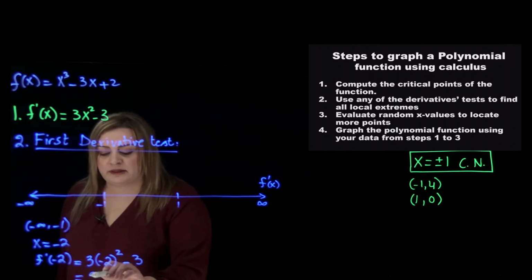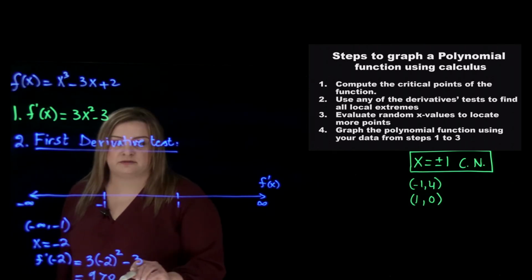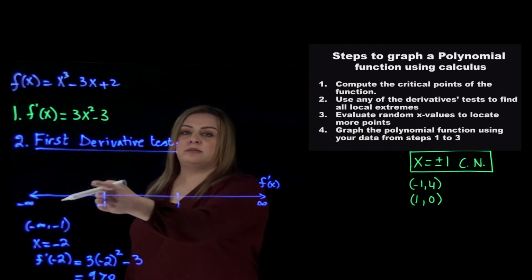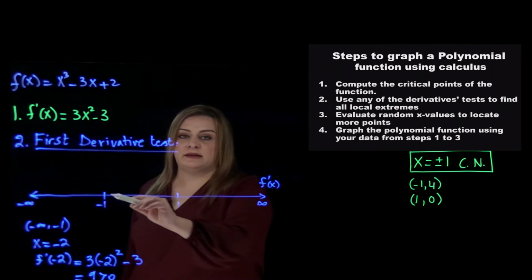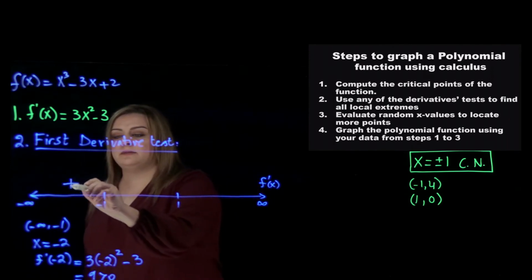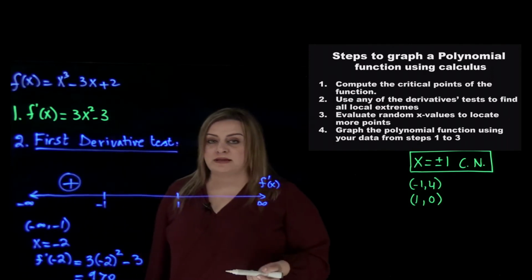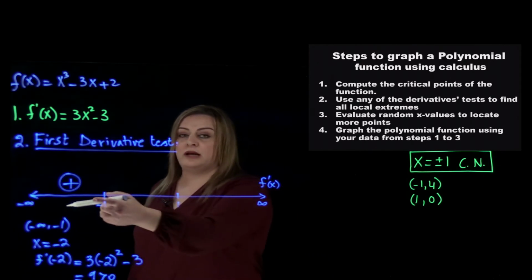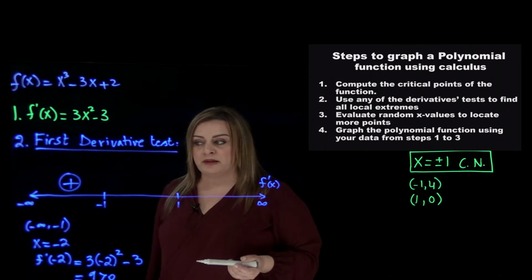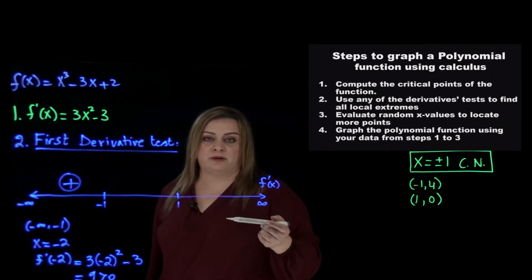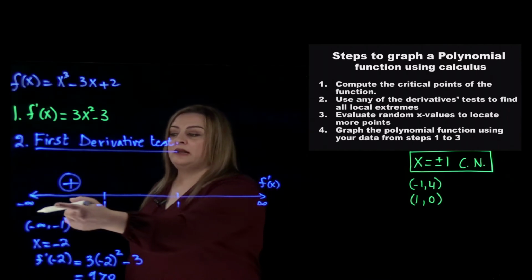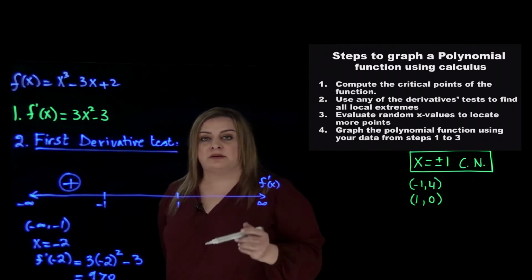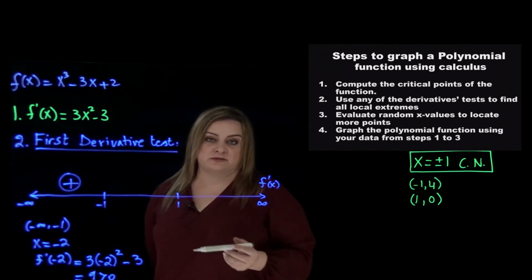This should give me a 9, and 9 is positive. I will label the interval with a positive sign to tell myself that not only at x equals -2, but at any value I choose in this interval, I will have a positive slope.